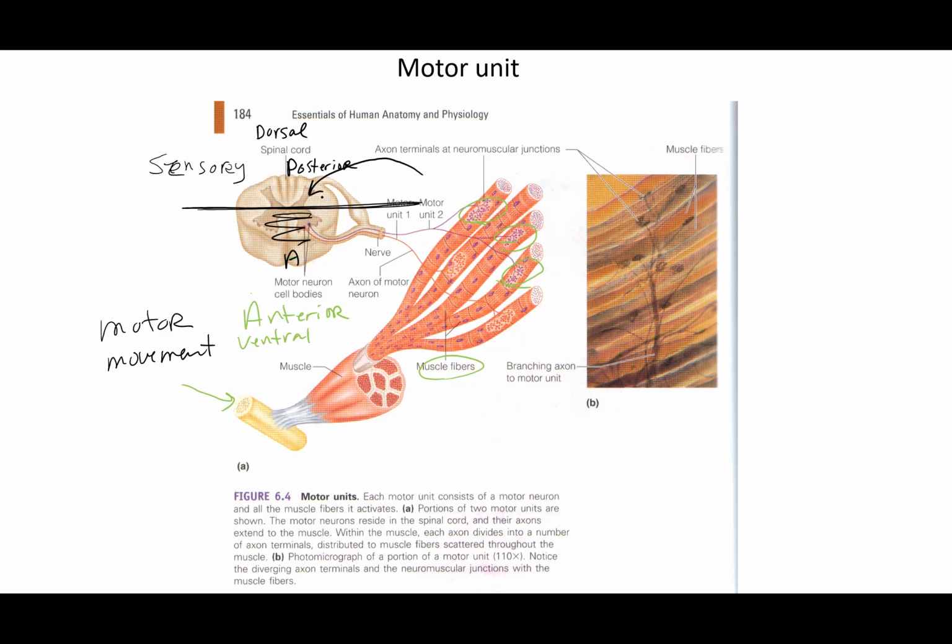Another way of saying that is afferent. So the afferent wires that come from the body into your spinal cord go in the posterior aspect of the cord. And the wires that leave the spinal cord are your motor wires, and that's going to allow for movement.